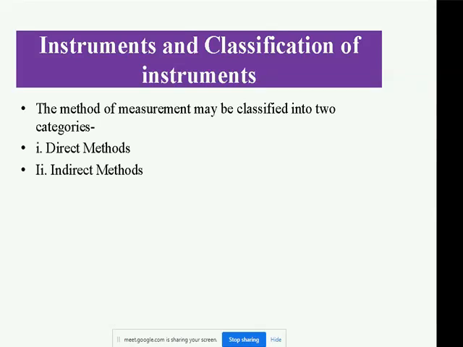Indirect methods are generally electromechanical methods used for measurement, but direct methods are not presently used in a way, because if we want to measure a 50 kilometer length, or the length of the road from Bankura to Durgapur, or from Asansol to Durgapur, or Durgapur to Kolkata, how can we measure the length? It is not possible to measure the length with a measuring tape, because the tape will give some error. So the direct method of measurement will give some error.